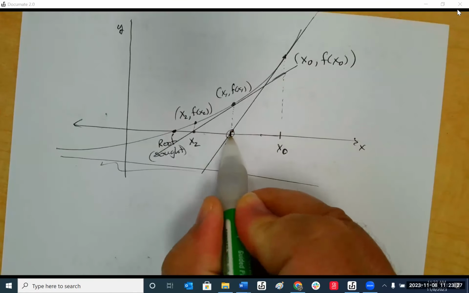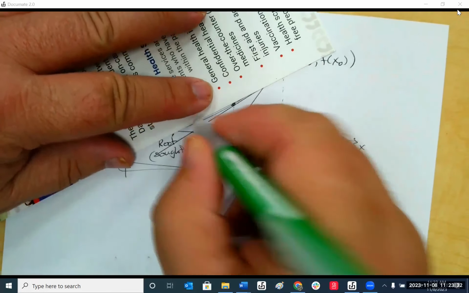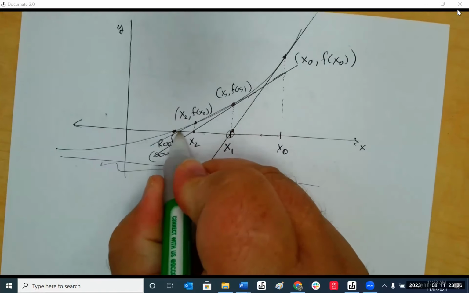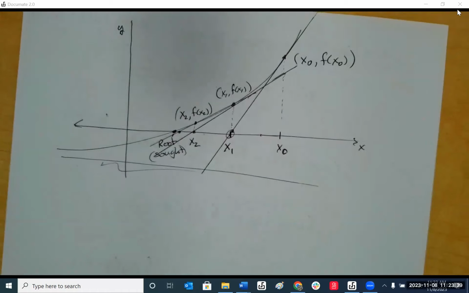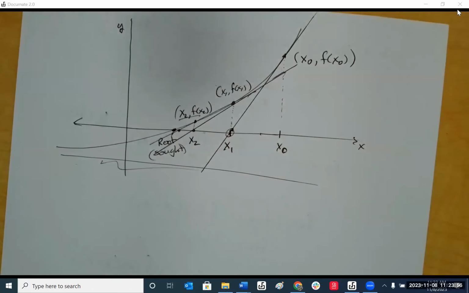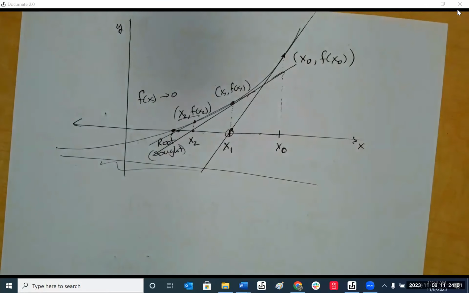So now I use that. Because you notice every time it's getting closer and closer and closer to our solution. So when the slope of that initial one becomes zero or when it crosses the x-axis, there are no more points, as f of x goes to 0.